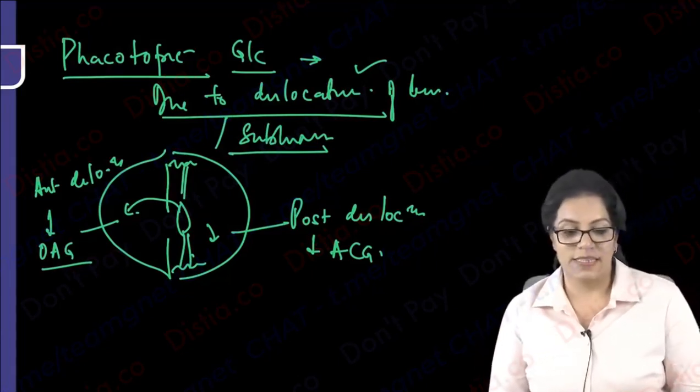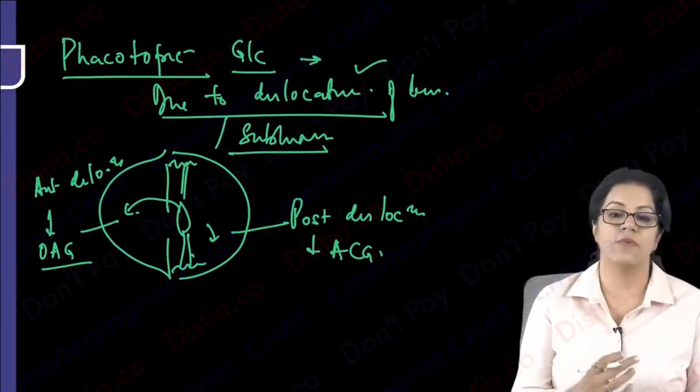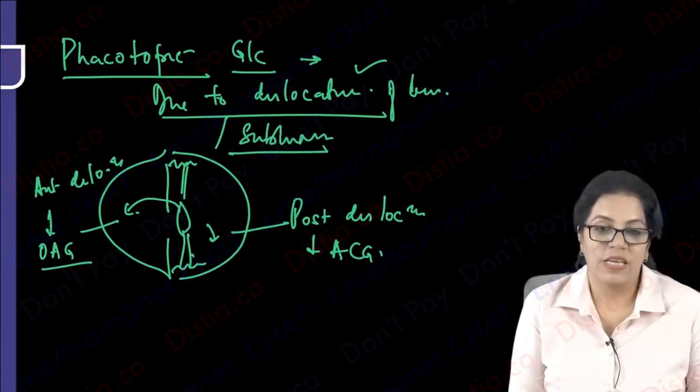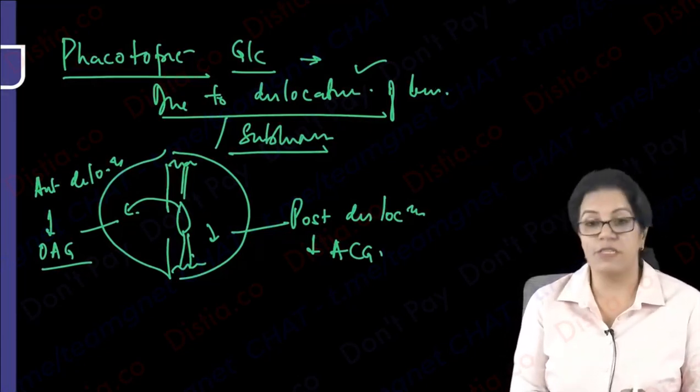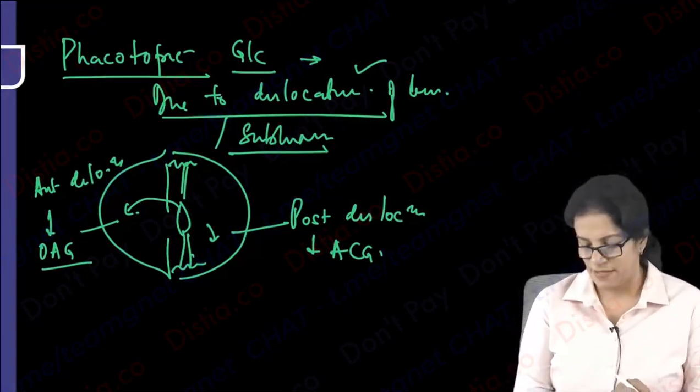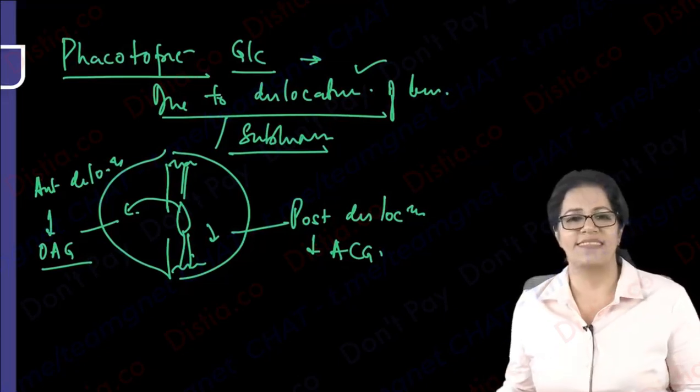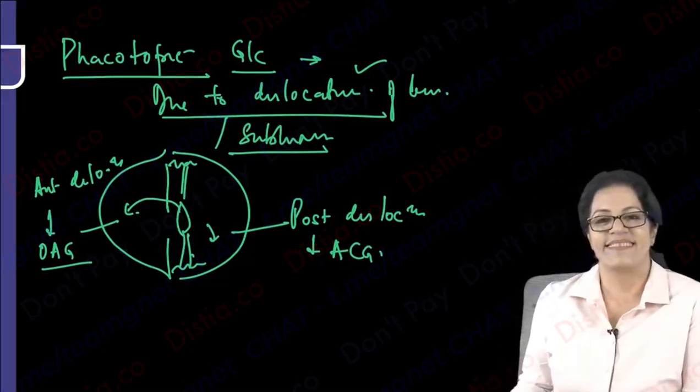So any lens dislocated posteriorly will be causing more of the angle closure. If you don't want to learn this, it's absolutely fine. A liberty from me, you may avoid it, but just know what phacotopic is. Anyway, you don't have to learn it, it's common sense. I've explained how. Isn't it?